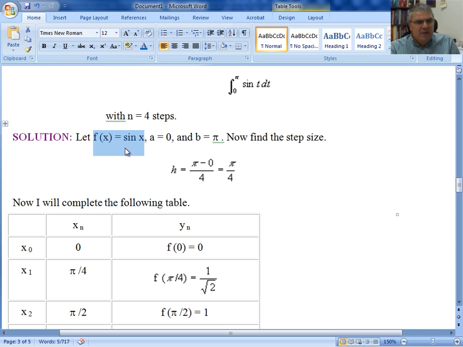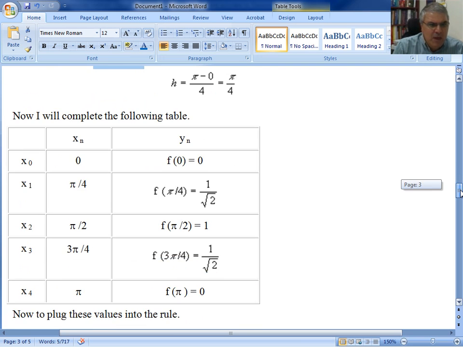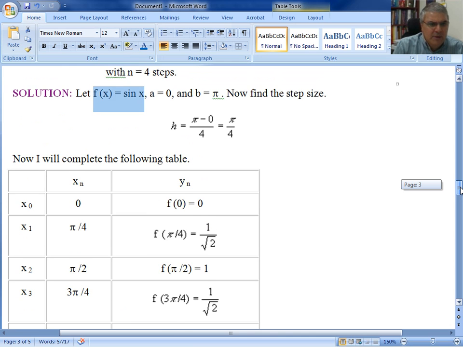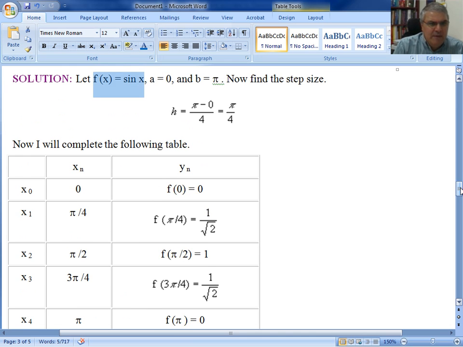Then next step is, again, we keep increasing that because we need to do this in 4 steps. So we simply divide 0 to pi into 4 areas. And if, for example, the x is pi over 2, then sine of pi over 2 would be 1, and so on.